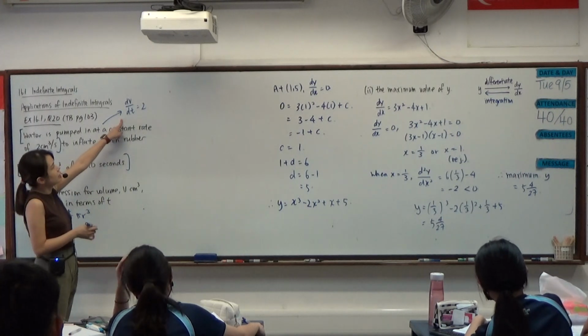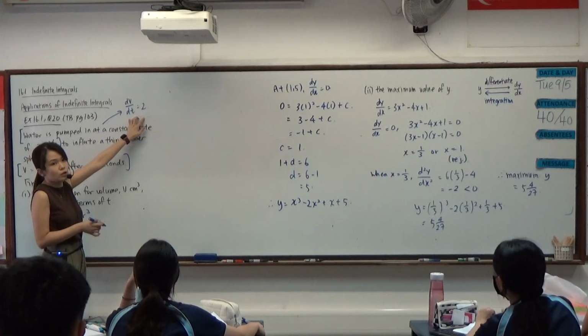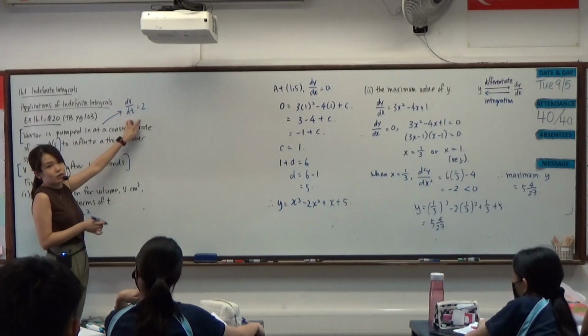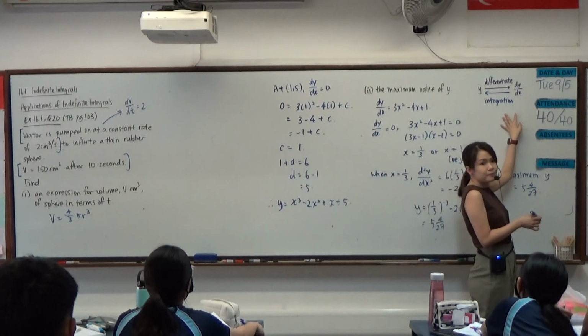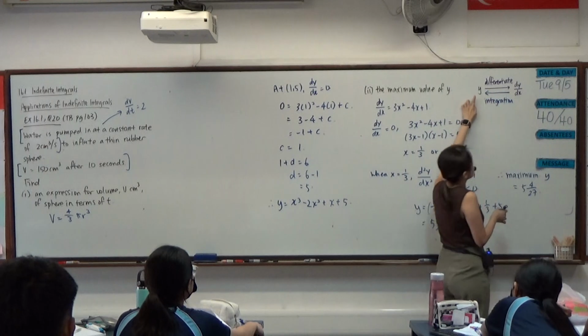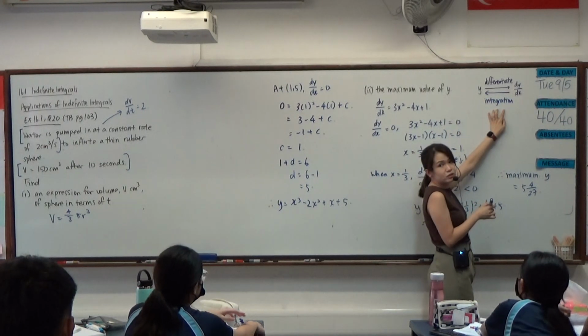We are actually given that the rate of change of volume is equal to 2. In other words, dV over dt equals 2. If you understand this idea, I can find out what y, or in this case V, is by doing my integration.